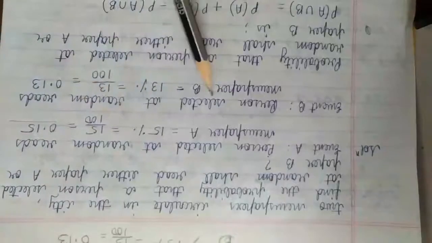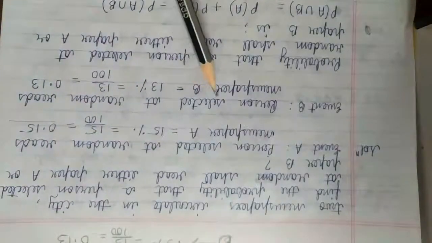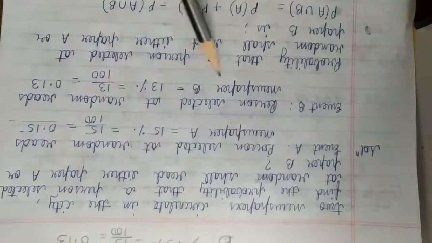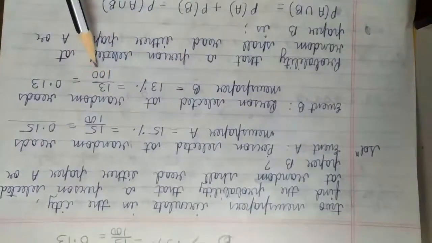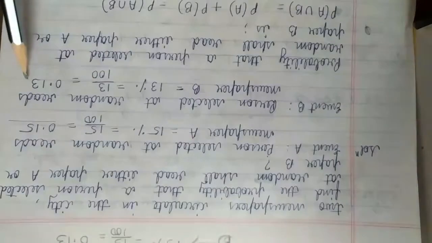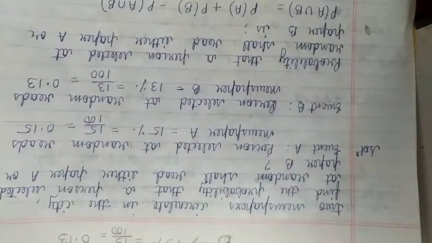And the probability that a person selected at random reads newspaper B is 13%, which is equal to 13 upon 100, which equals 0.13.